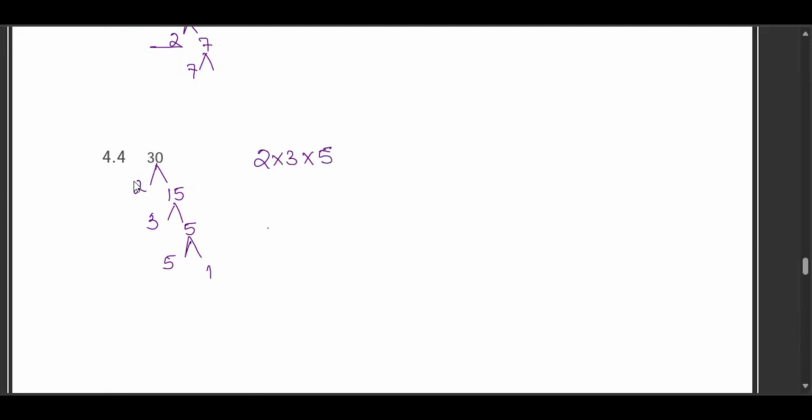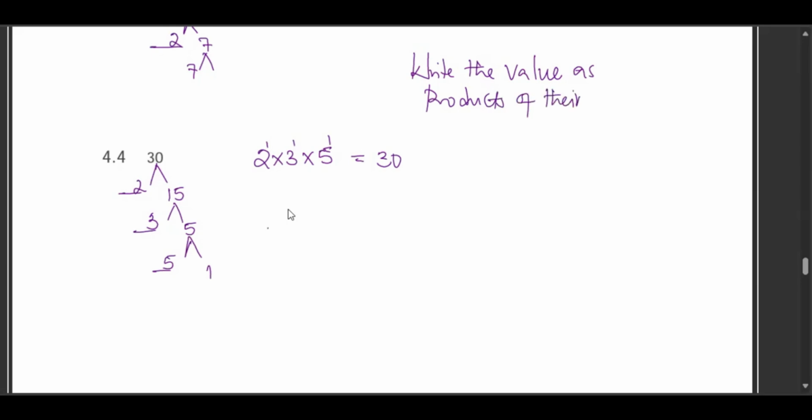5. Someone might ask us, how come this has no power? Because they appear once. They are all appearing once. They have powers, but it's a 1, it's 1 to the power 1. So these ones will also give you 30. Remember, we are to write the values as products of their prime factors.